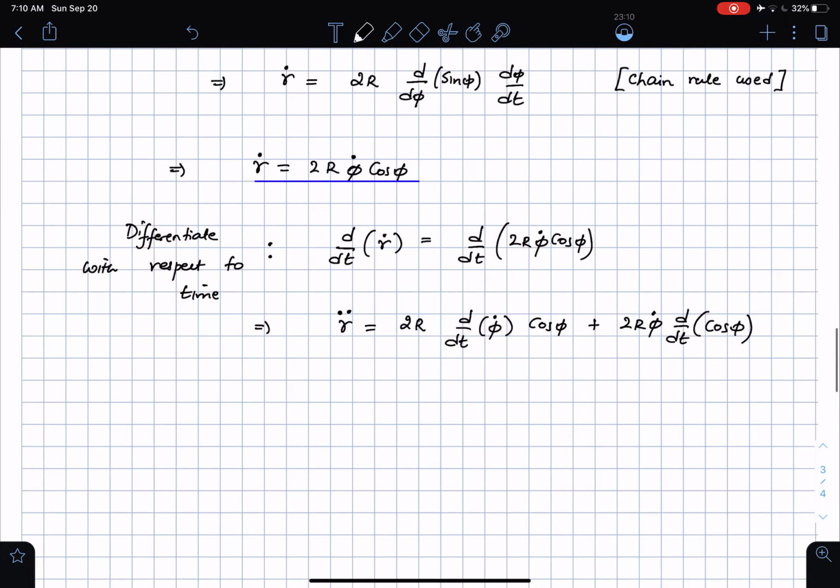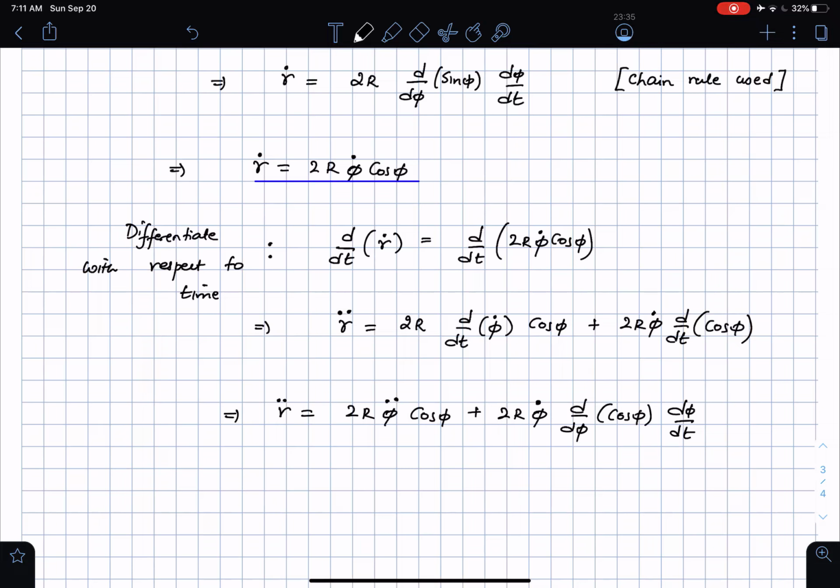Okay, which is going to give me the following. So this is r double dot is equal to r d by dt of phi dot is phi double dot. I don't need to use any chain rule there, but I need to use the chain rule here. So this is 2 times r times phi dot d by d phi of cosine phi d phi by dt. I hope this makes sense.